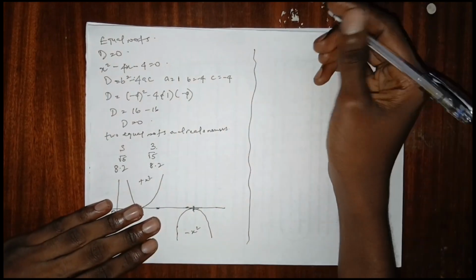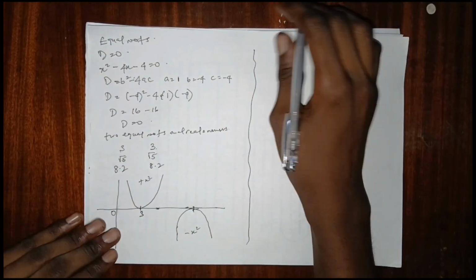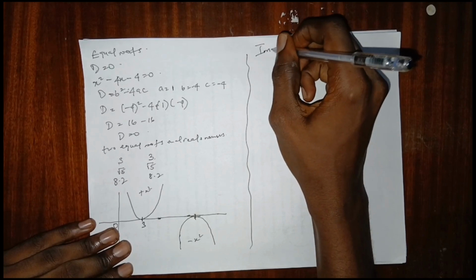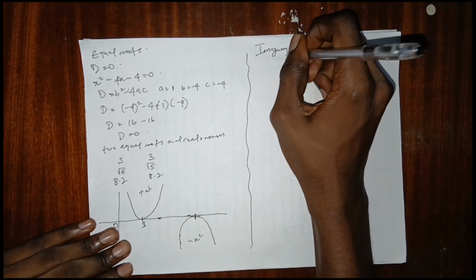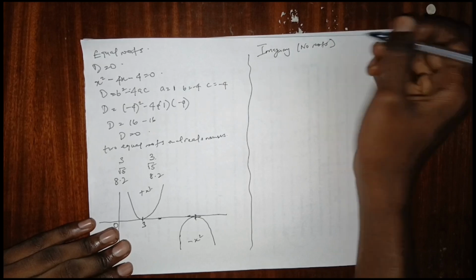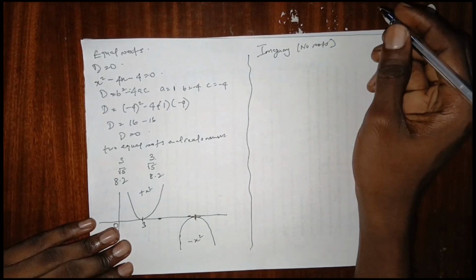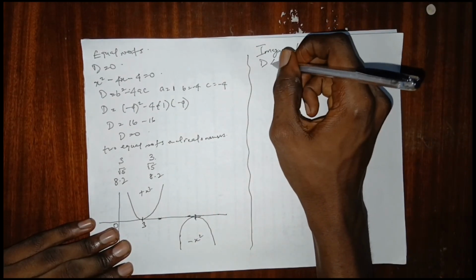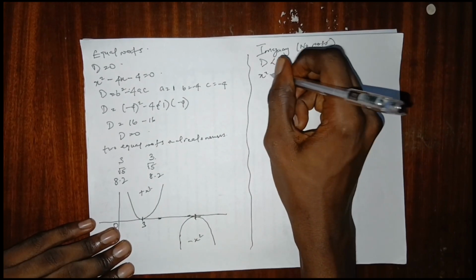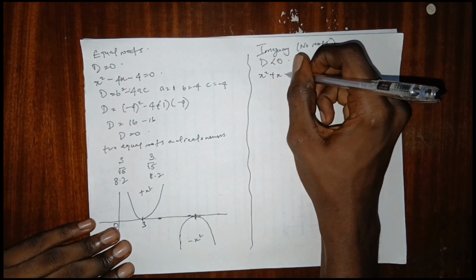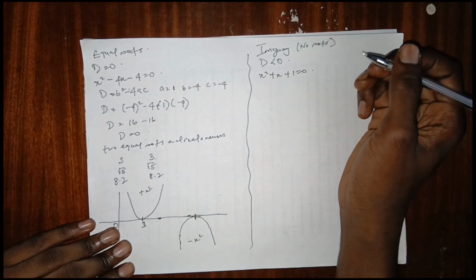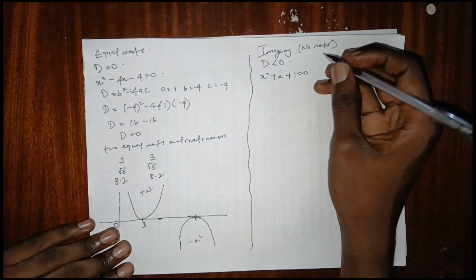Then we go to when the roots are imaginary, or normally called no roots. That is when D is less than 0. For an example, you have x squared plus x plus 1 equals 0.